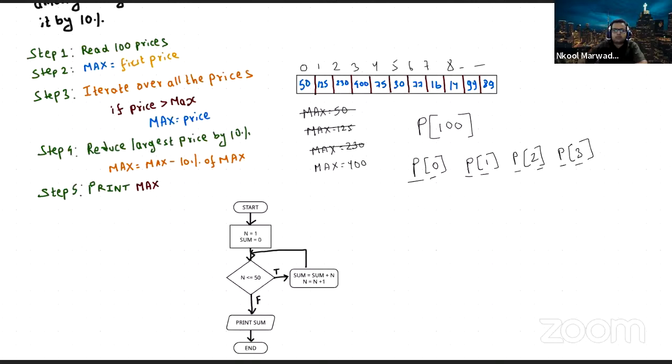Now, see, here what I have to do is first get 100 prices. Let me delete all. Let us make everything fresh.